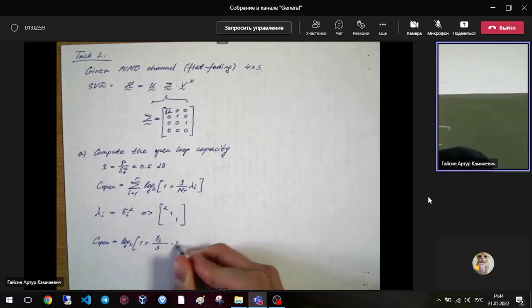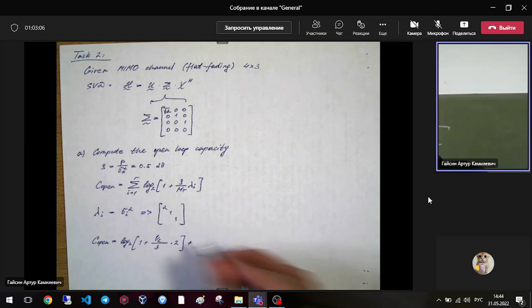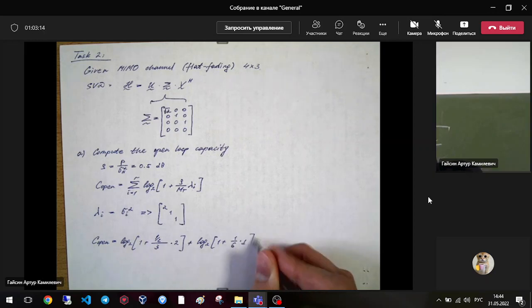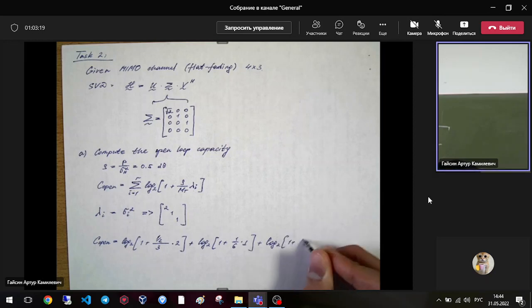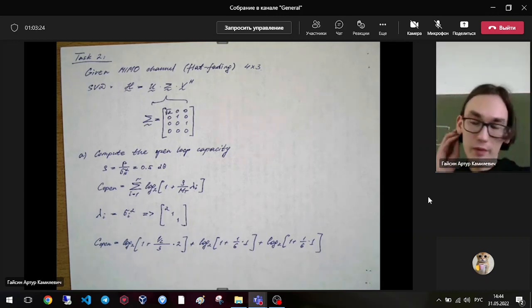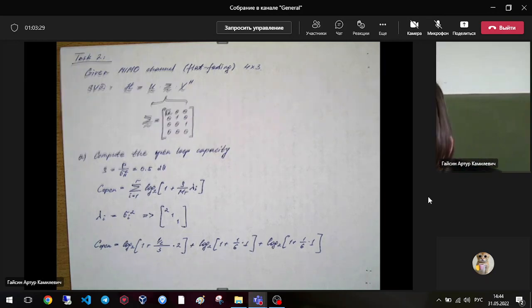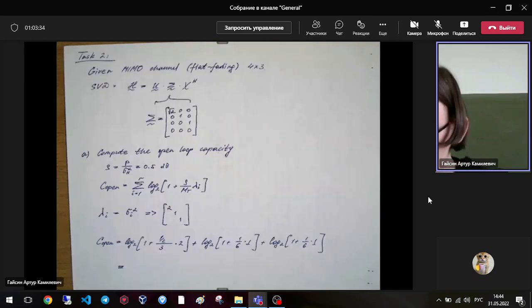And the first value is 2. And maybe we can say that this thing is 1 divided by 6. Yes. So the second one is 1 plus 1 divided by 6 times 1. And the last thing is 1 plus 1 divided by 6 times 1. And yes, of course, as before, we need to take the logarithm, I think.